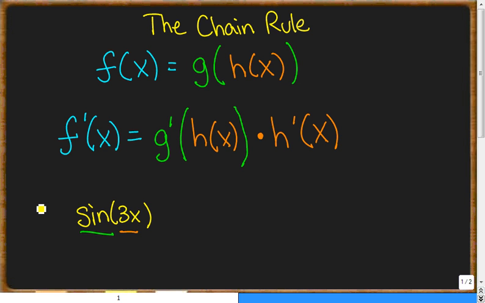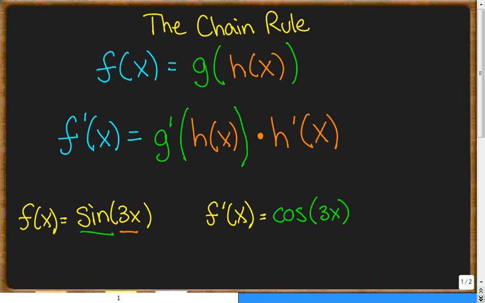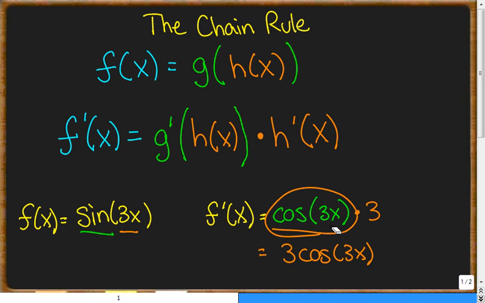If this is f of x, then f prime, the derivative of that, is the cosine. Derivative of sine is cosine, but I need to keep the 3x. Then I multiply by the derivative of 3x, which is 3. So you end up with 3 cosine of 3x. So that would be just an example of how that looks and how that works, is that you respect the whole function over time, but you do it in pieces.